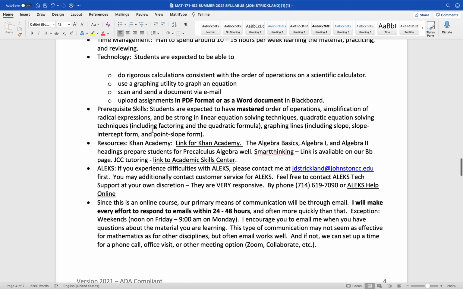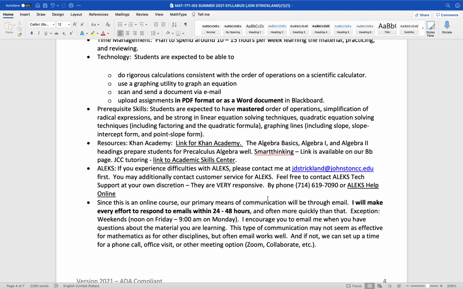We also have various resources that can be utilized for assistance, like the link for Khan Academy, as well as Smart Thinking, which is available through our Blackboard course page. There's also JCC tutoring available. Regarding ALEKS, if you experience difficulties with ALEKS, please contact me at my email address.